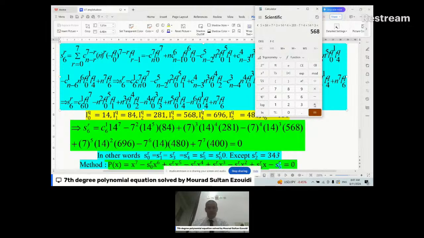Plus, learners, 7 raised to the power 5. I'm from Math Learners, addressing this discovery with you. I'm living in Muscat and working in Muscat, and I'm going to share my theory and my discovery with everyone who is seeking to be able to solve nth degree polynomial equations or nth degree linear equations.